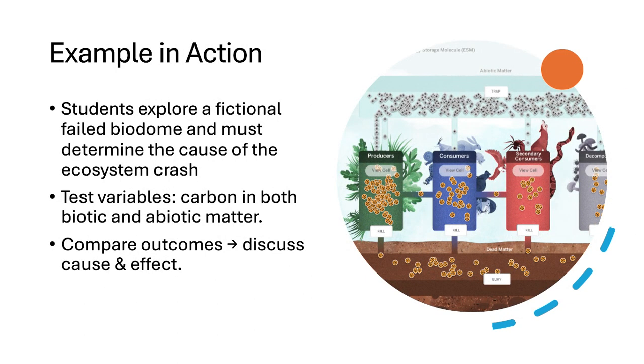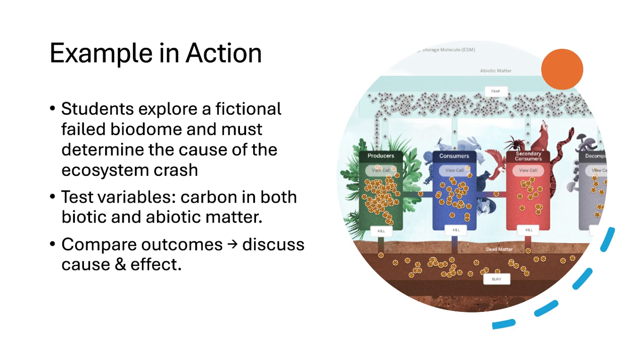So we have an example in action. Again, this is from the 7th grade curriculum. This is the last unit where students are basically learning about the carbon cycle. They're learning about matter and energy in ecosystems and how energy gets transferred through ecosystems. In this particular instance, the anchoring phenomenon is a fictional failed biodome.